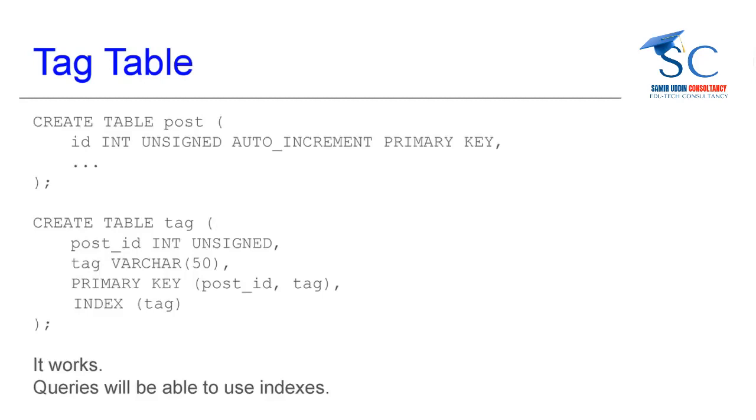So here you can see an example of how it can be done in a relational way. So you basically add a tag table. In this way, in the future, if it is necessary, you will be able to add more columns to add more information about the tag.